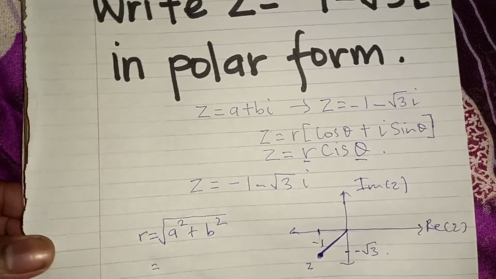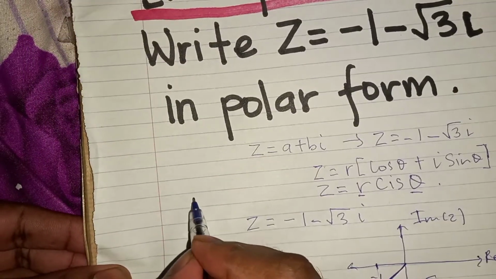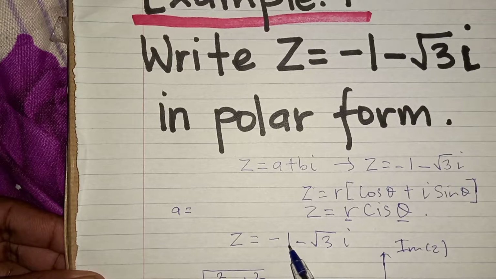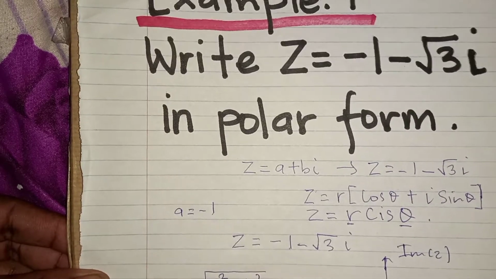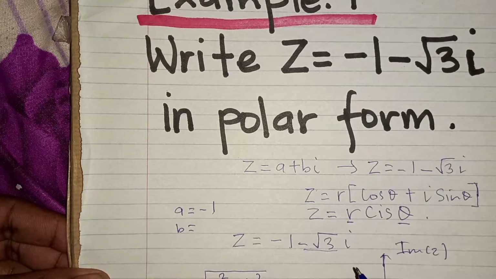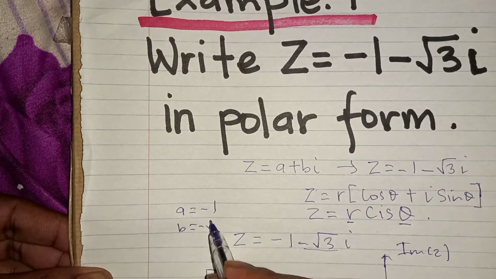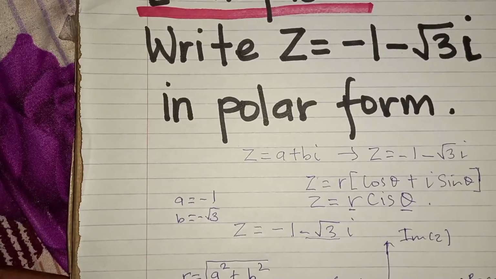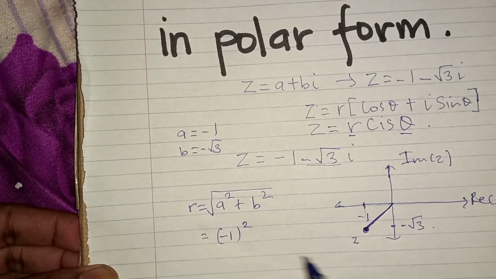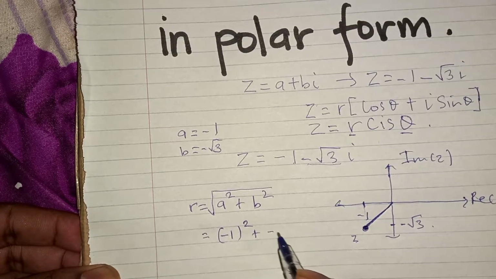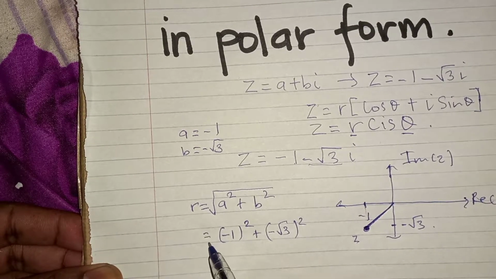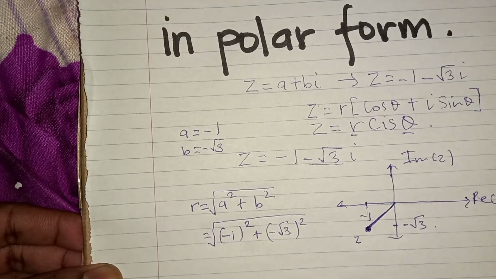The value of a here is the real part, so real of z is minus 1, and b is the imaginary part, which is minus root 3. So it will be minus 1 whole thing squared plus negative root 3 whole thing squared, and then taking everything under the square root.